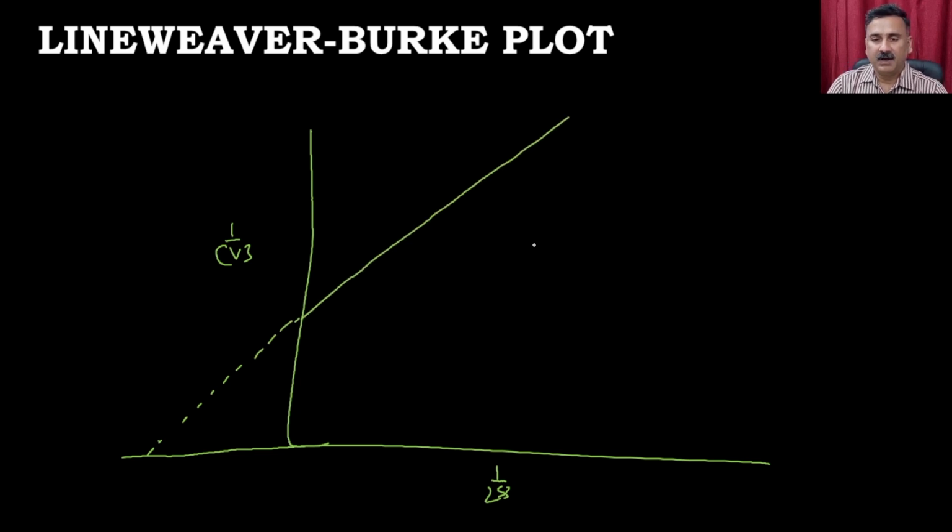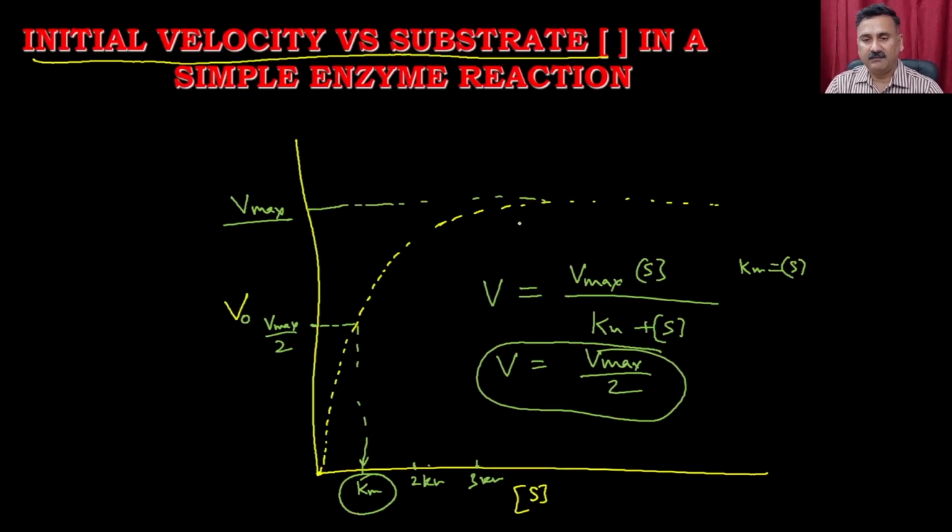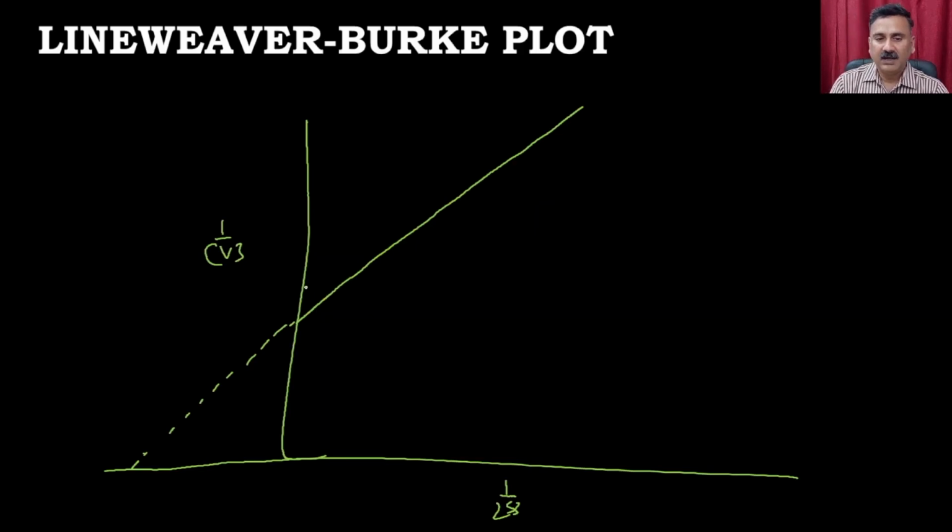Because remember that in the earlier curve, we are making the assumption of Vmax simply by going with the saturation curve, but that may or may not be correct, right? So your calculation of the Km is not going to be accurate. To make things more accurate, people go with the line plot, where you do not have any saturation, and the point where it hits the y-axis is the 1 by Vmax, okay?